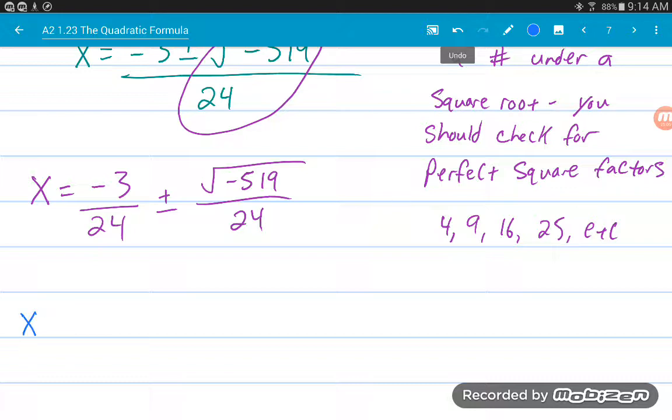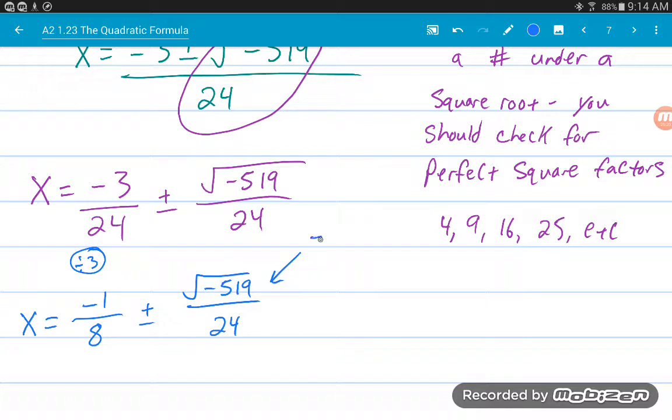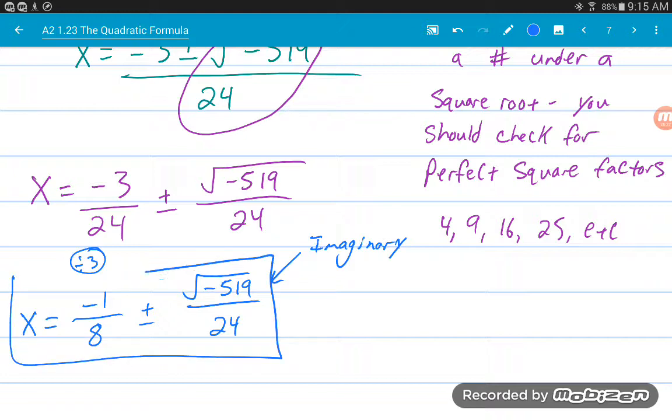Divide them both by 3. I'm going to get negative 1 over 8. Plus or minus, the right side can't be simplified. And this right here makes it imaginary. So mathematically, these are the roots, even though they're imaginary, so you won't see them on the graph.